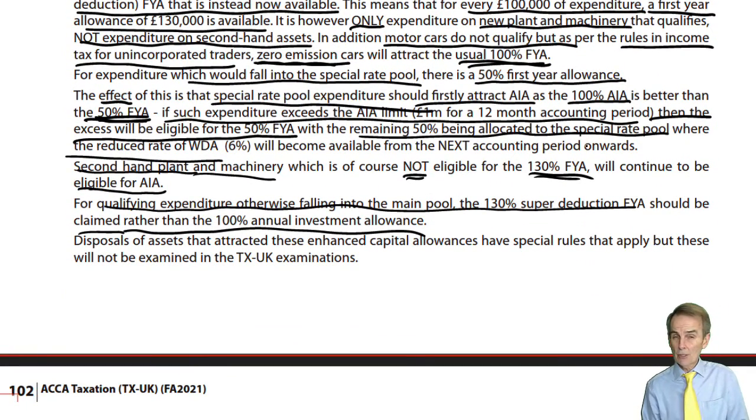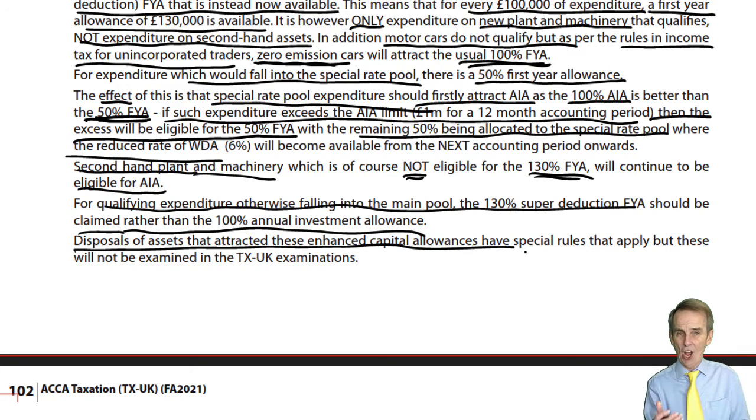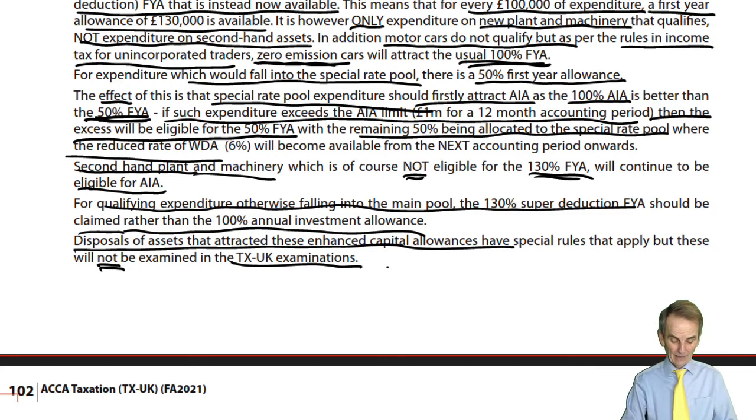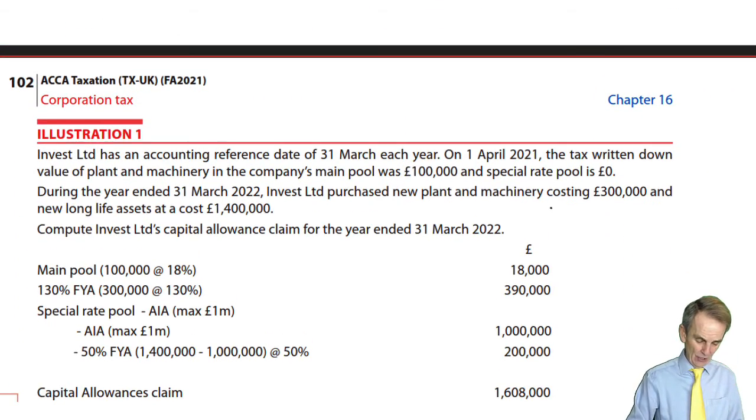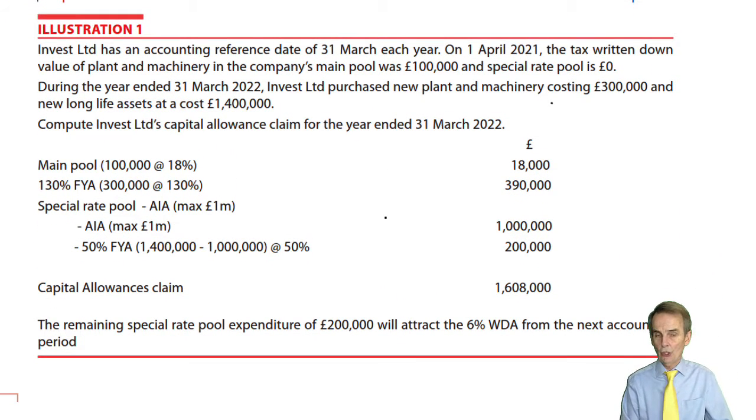There are specific rules, and awkward little rules indeed, that deal with the disposals of assets that attracted these enhanced capital allowances, but thankfully not to be examined in our Tax UK examinations. We have a little illustration here to introduce you to.